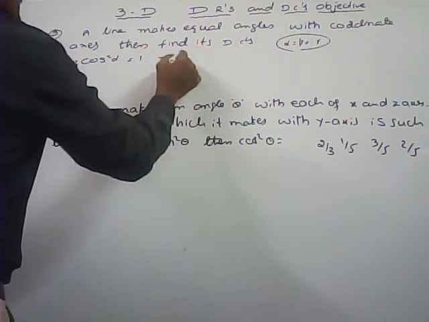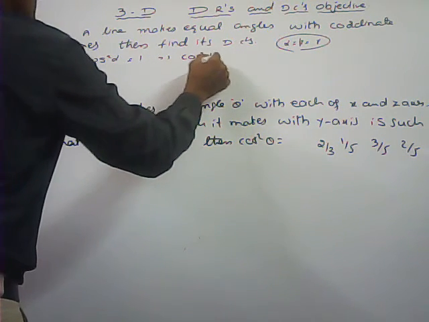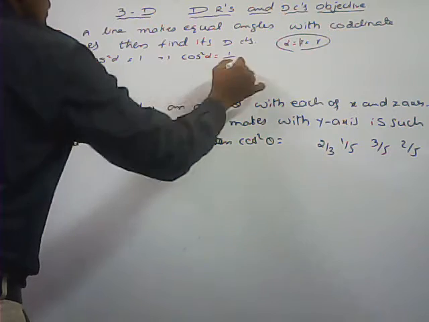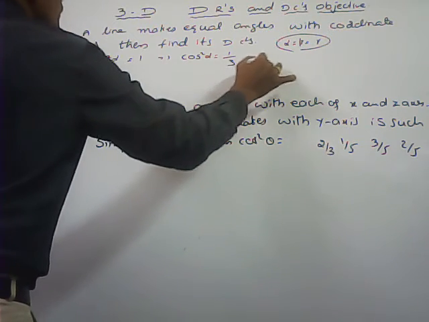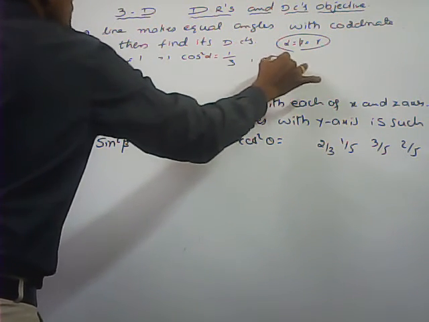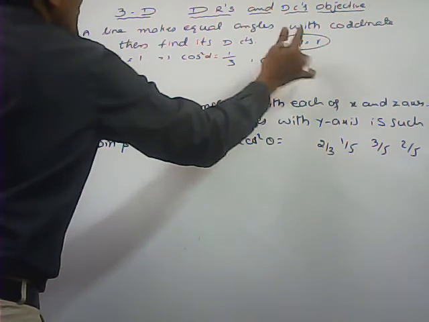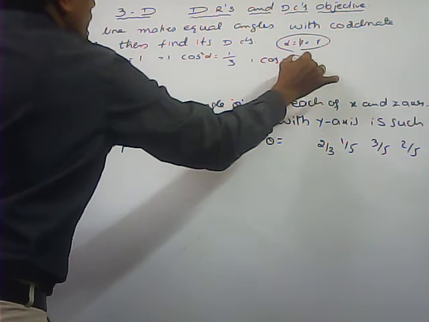That implies cos square alpha is equal to 1 by 3, and cos alpha is equal to plus or minus 1 by root 3.